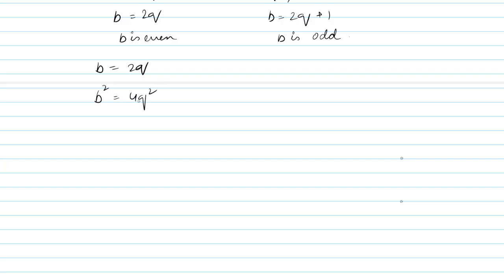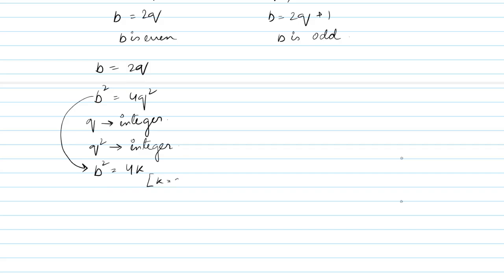We know that q is an integer, and then q square would also be an integer. So from here we can say b square equals 4k, where k equals q square. I'm just representing q square as k.